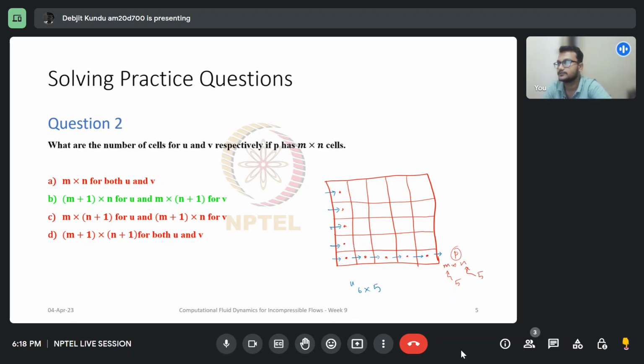So if we do this for the entire thing, this is the location of where u would be stored in the staggered grid. So see, at the boundary also we will have to store these values in the left and the right boundaries. I'll quickly go back and draw the pressure locations as well in the cell centers.